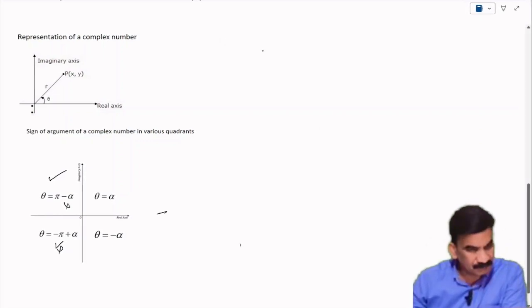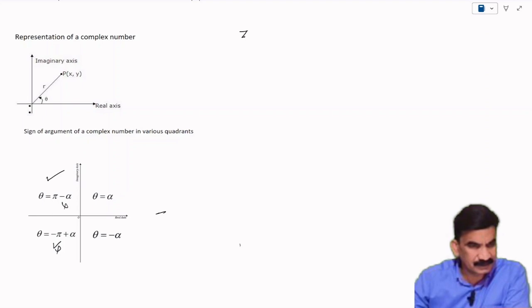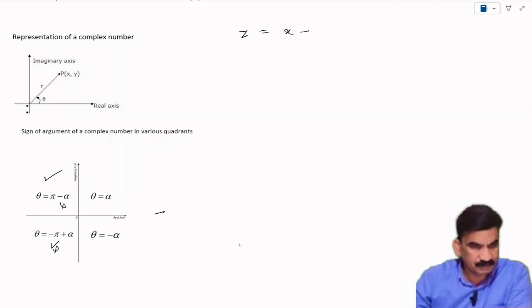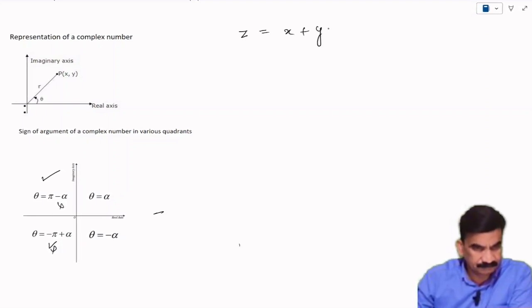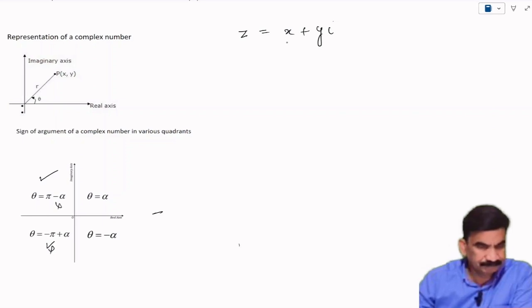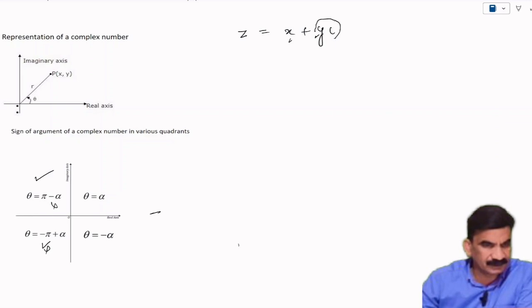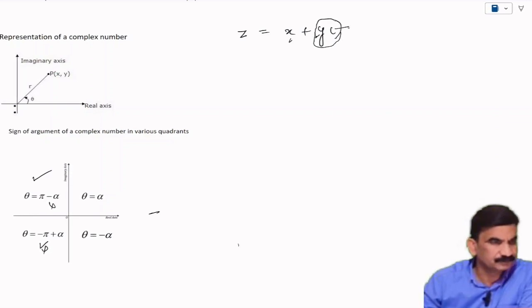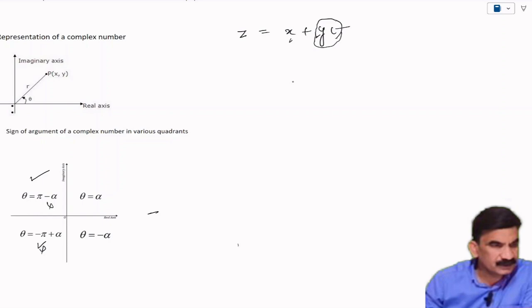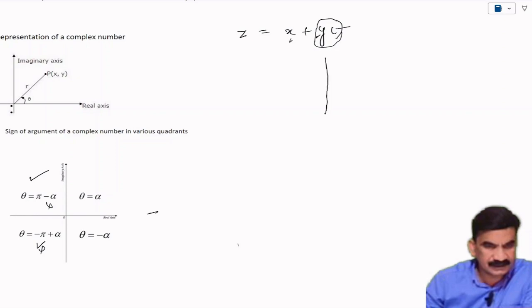So, since a complex number is of this type, z is equal to x plus iy, this is real, and this entire thing is imaginary, and this is iota. So what we do here is, this is a coordinate system. This is real and this is imaginary.